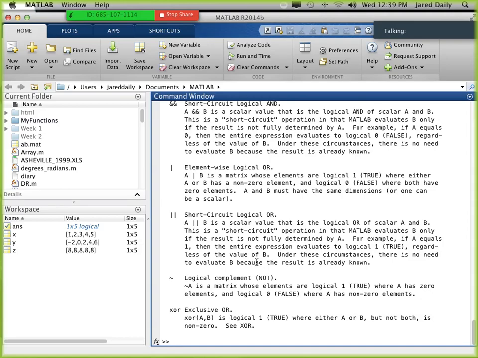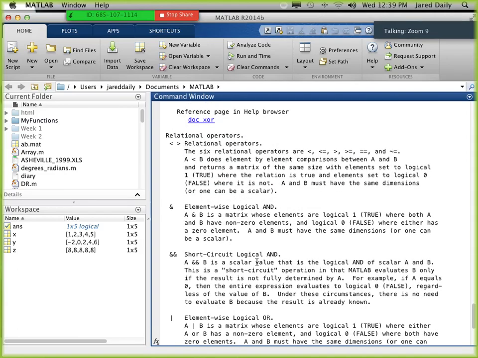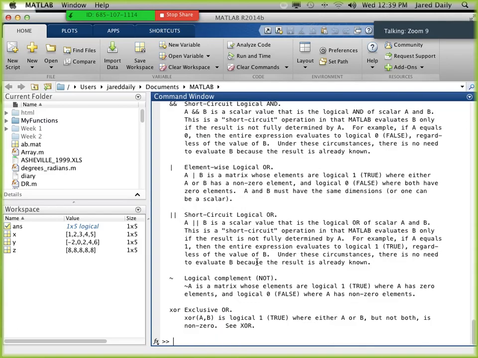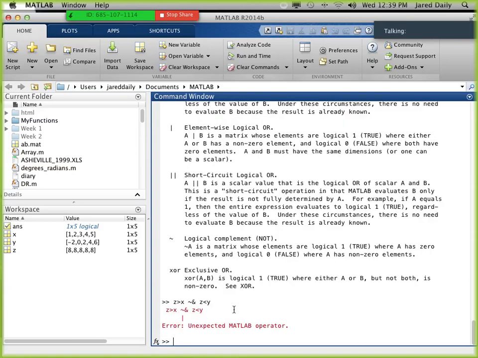Logical, no, true. So I guess the way to use this exclusive OR is to do your logic first. So we do this first, for example.